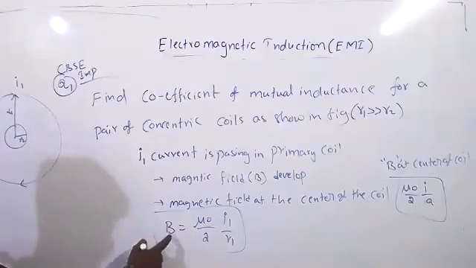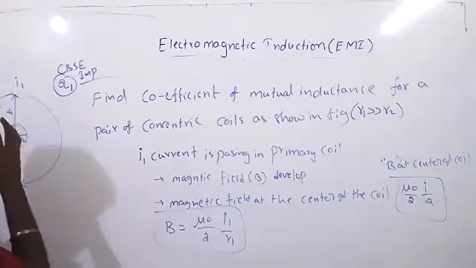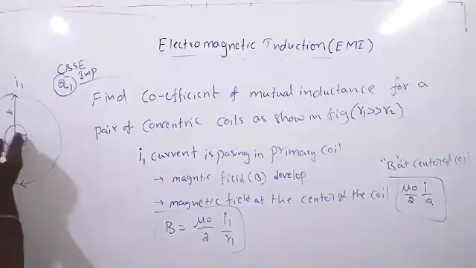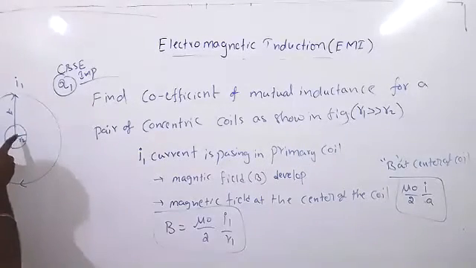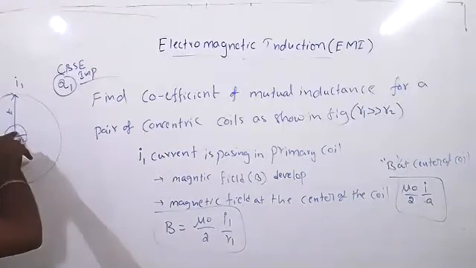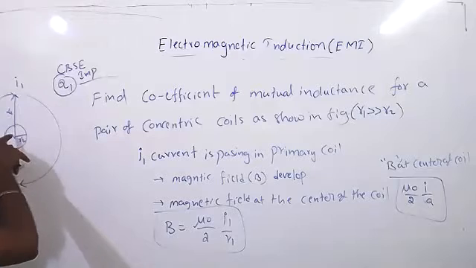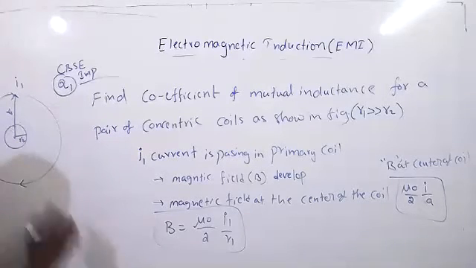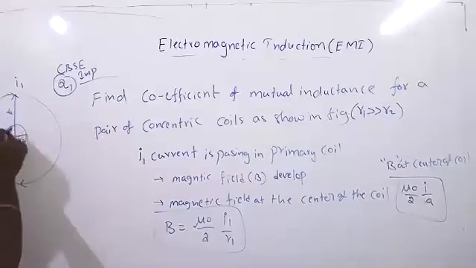Now this magnetic field is developed at the center of the first coil. So that magnetic field is at the center of the second coil also. So how much magnetic field is passing through the secondary coil? This much.